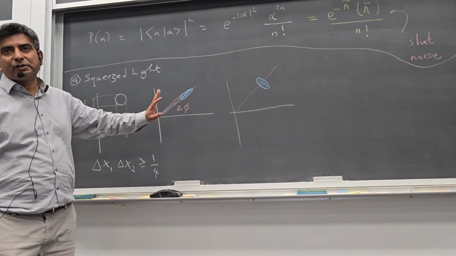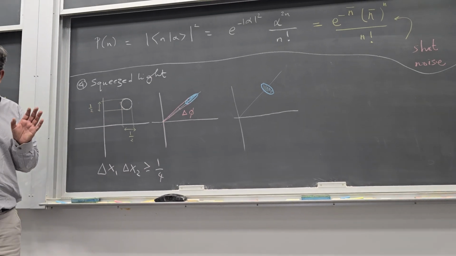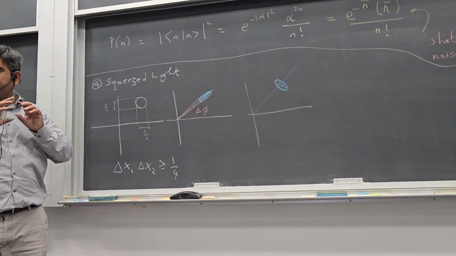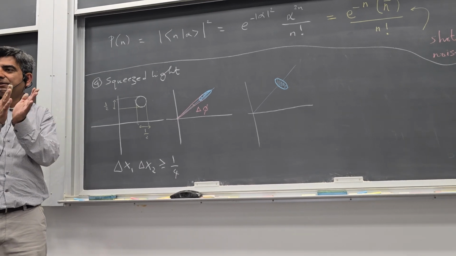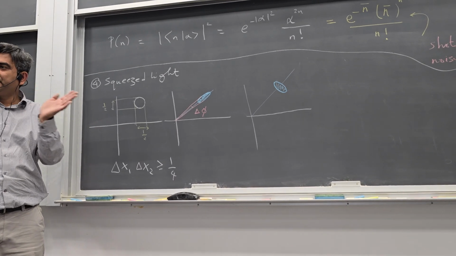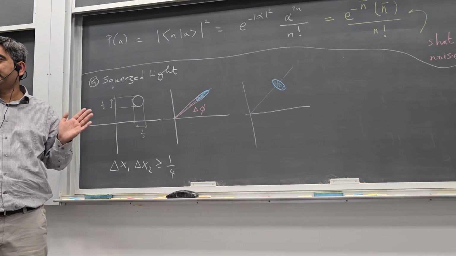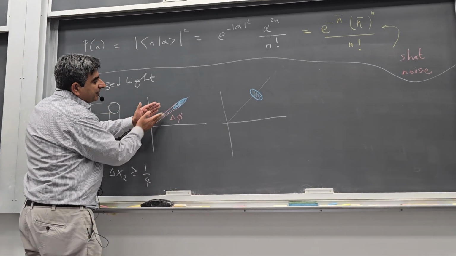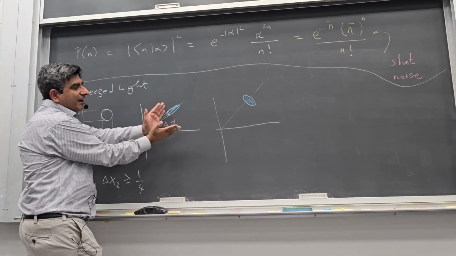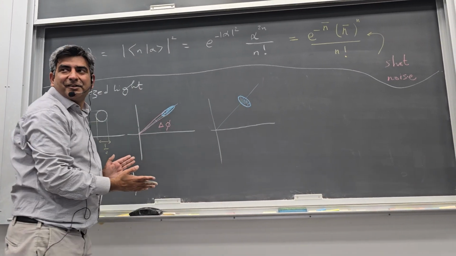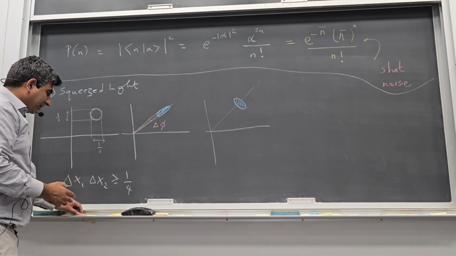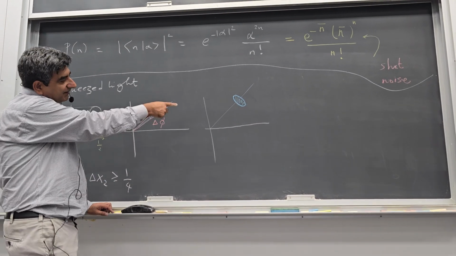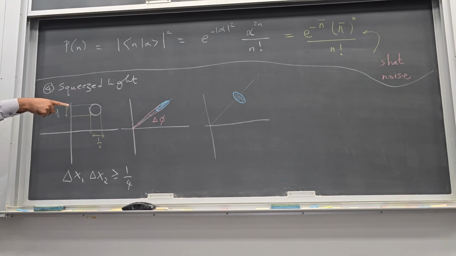Otherwise, if not, you have to take the maximum spread of this angle. That will be an estimate of the phase uncertainty. Here it's nice because it's symmetric about this axis, so you can just find it. I'll give you an example in a minute. So this is an example of amplitude squeezed light.